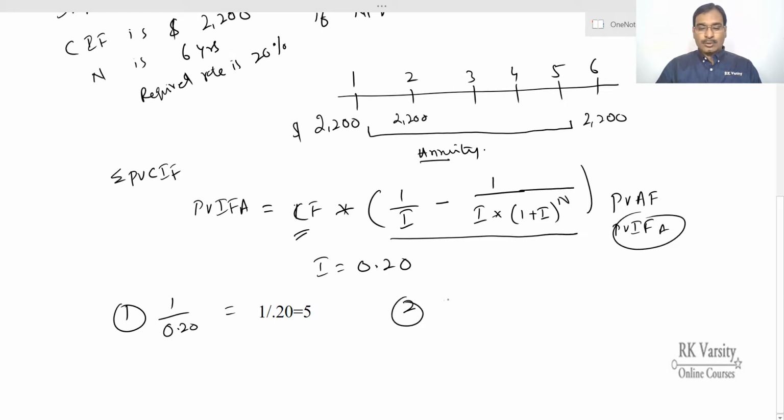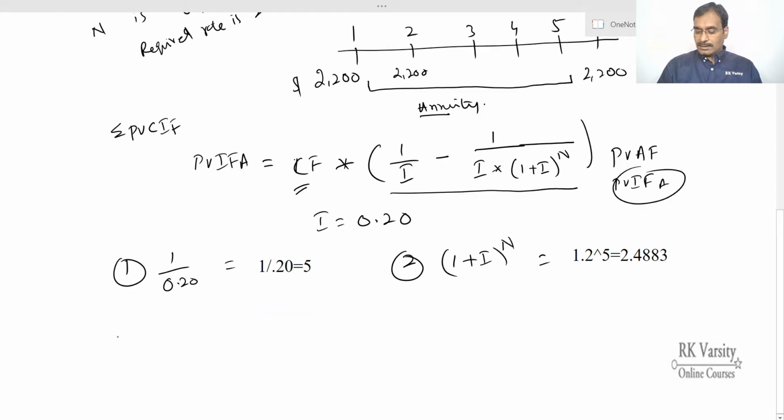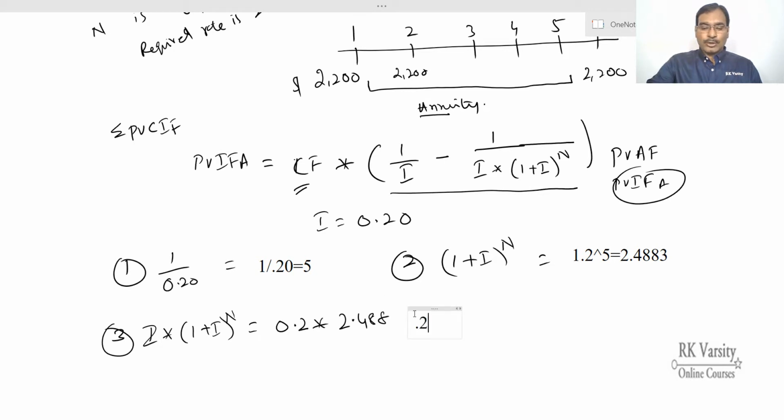In step 2, we calculate (1 plus I) to the power of n, so this equals 1.2 raised to the power of 5, which is 2.488. In the third step, we calculate I times (1 plus I) to the power of n, so this equals 0.2 times 2.488, which is 0.4976.